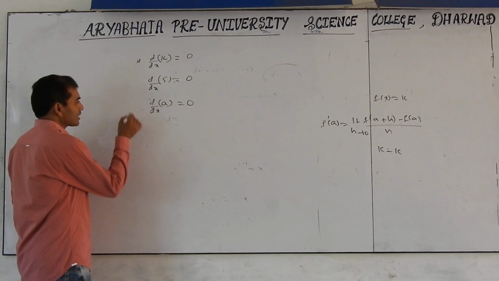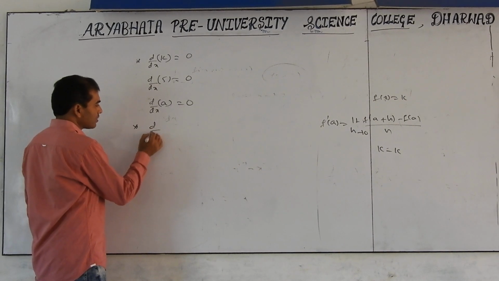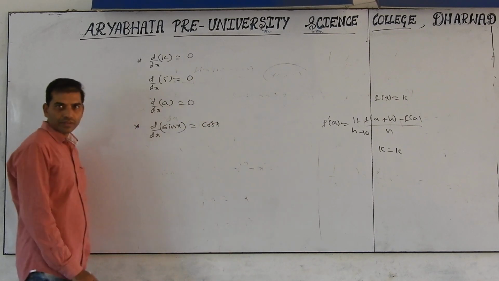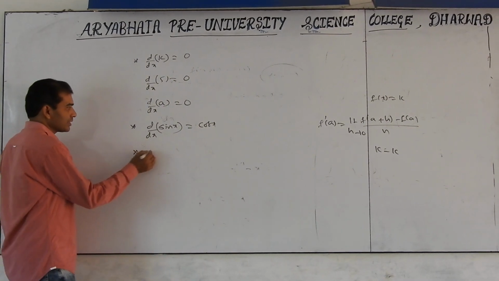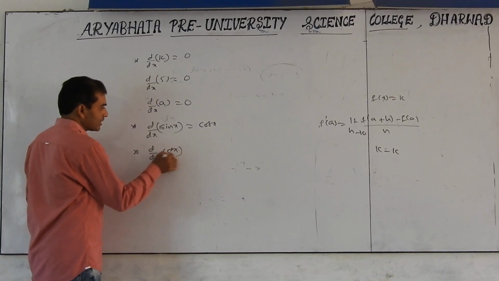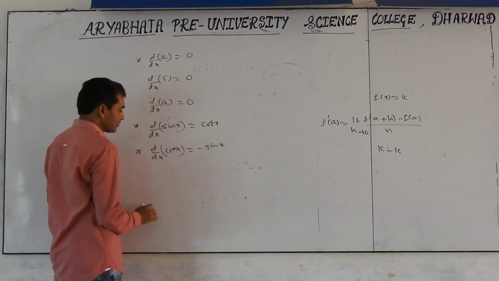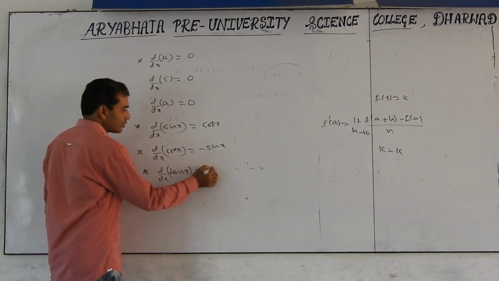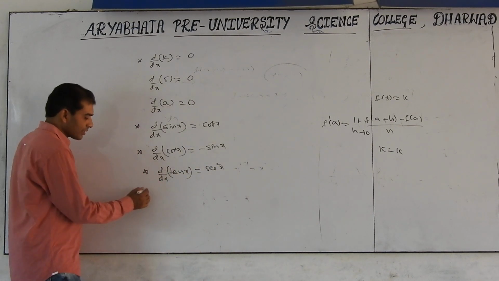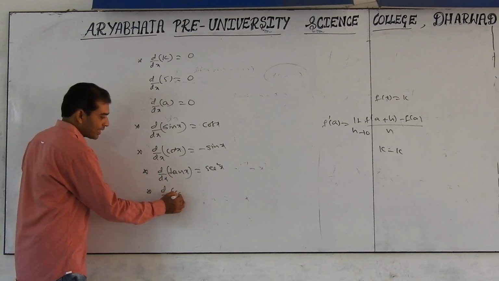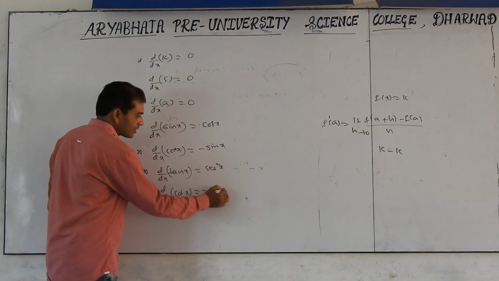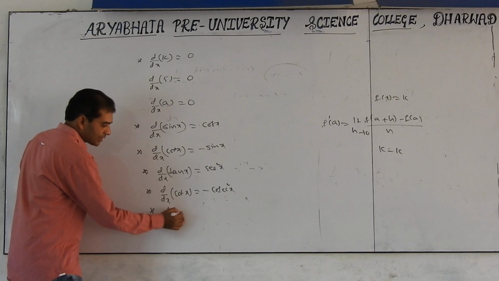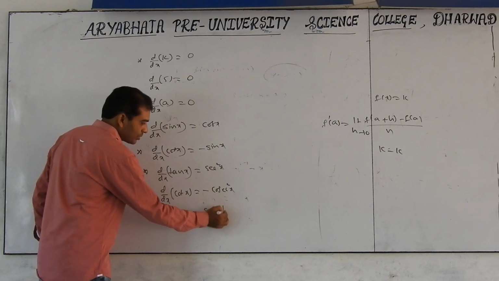Okay. Next, the third property. d by dx of sin x equal to cos x. The derivative of sin x is cos x. d by dx of cos x equal to minus sin x. d by dx of tan x equal to secant square x. d by dx of cot x equal to minus cosec square x. d by dx of sec x equal to sec x into tan x.